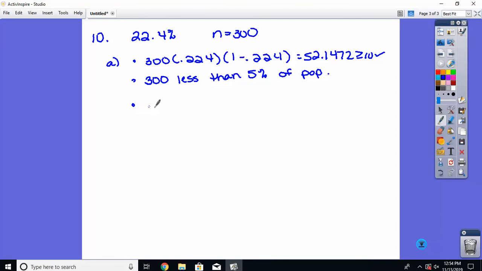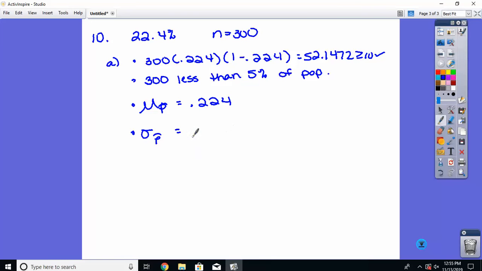So now we need to find our mean and standard deviation. This is where the formula sheet is really handy, guys. All of this stuff now is on there. If you look, your P hats, on chapter 8, right hand side, it tells you your mean is just your P value, which is 0.224.